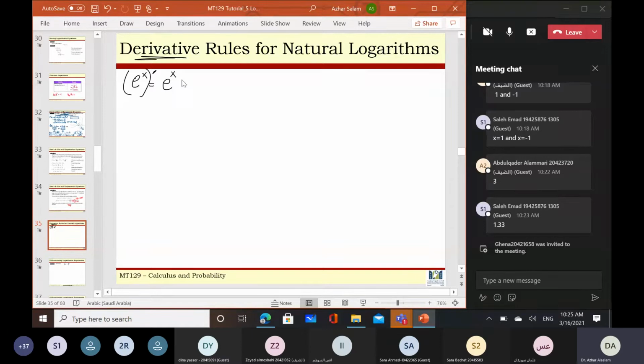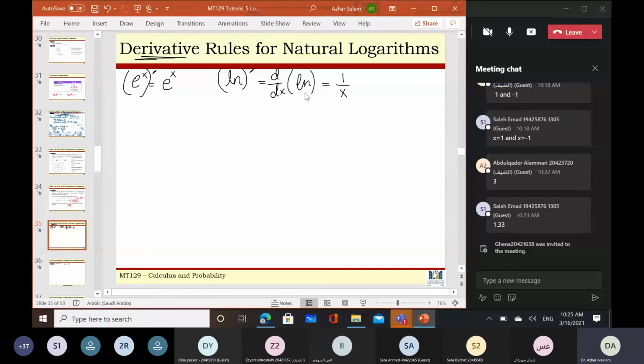But for the natural logarithm, it will be different. The derivative of ln x, d by dx of ln x, is actually equal to 1 over x.